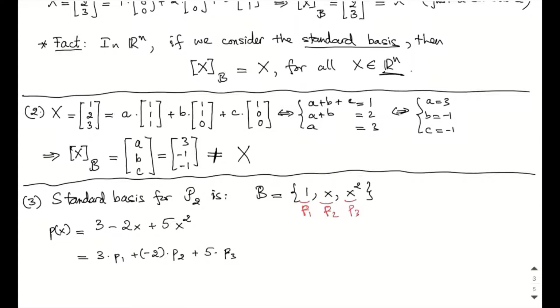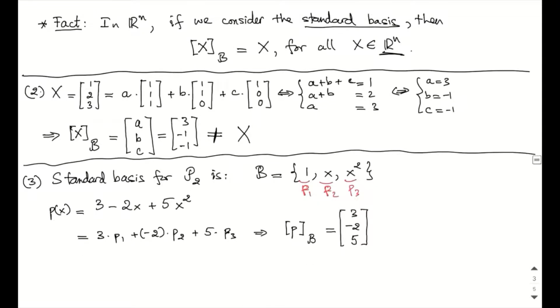And so you have successfully expressed P as the linear combination of the 3 vectors in the standard basis here. So this implies that the coordinate vector for the vector P, which is the polynomial in this case, with respect to the standard basis B above, is now actually just the column vector (3, -2, 5).